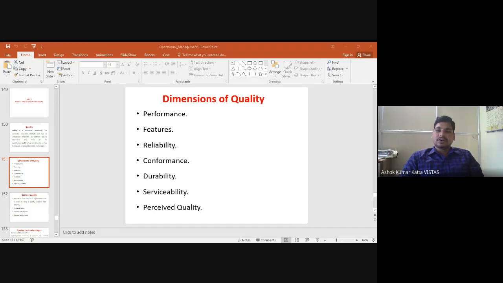Even after 10 years it performs with the same capacity. Based on the performance, I say the laptop is a qualitative one. This is the perception of one person defining quality.